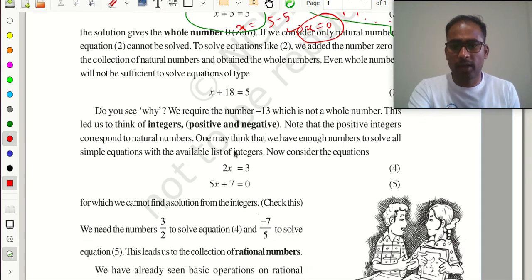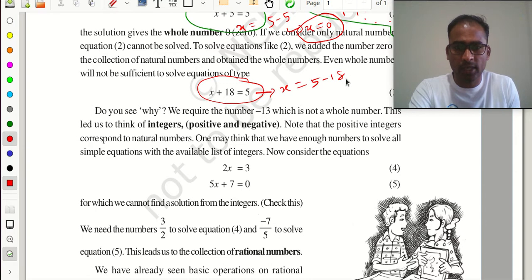And if I see another equation, x plus 18 is equal to 5, then what is the value of x here? x is equal to 5 minus 18. So x is equal to minus 13, because we are subtracting a larger number from a smaller number, so the result takes a negative sign.